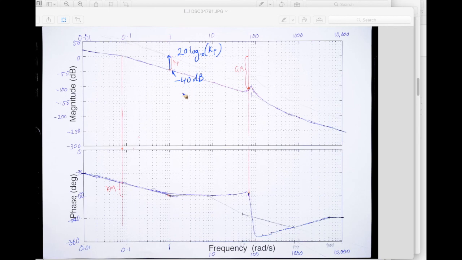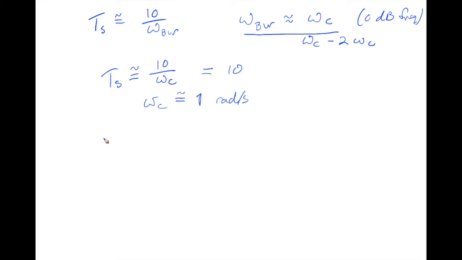Okay, so what does that mean? We want 20 times log 10 of Kp to equal 40. Another way to write that is Kp equals 10 to the power of 40 over 20.